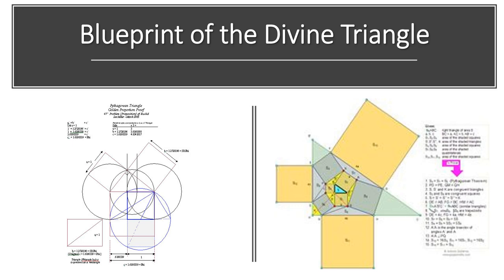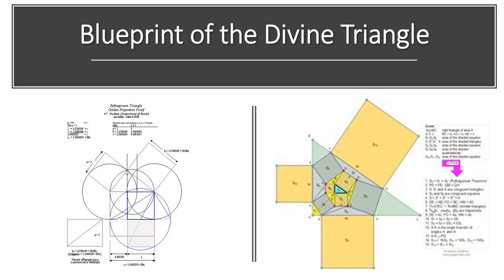And obviously the Pythagorean theorem today is used in many different fields, in addition to mathematics: furniture making, architecture, civil construction, AutoCAD, computers, the financial market. So there are many different things in which the divine triangle is used. And of course, when we teach math, we teach our kids about the Pythagorean theorem, but it's just using different parts of the divine triangle.